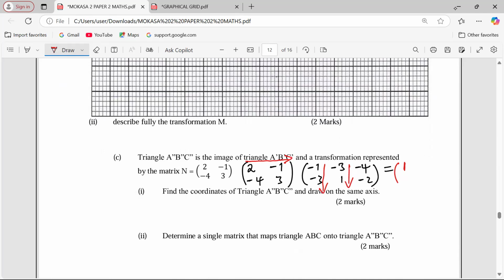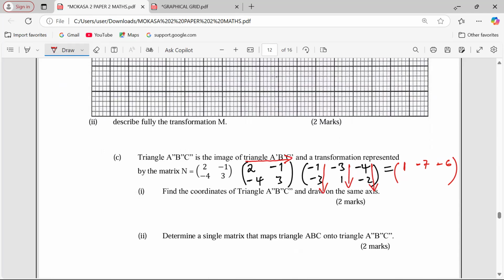So that gives us -7. Then we are also talking about the same row and the last column. So 2 into -4 minus 1 into -2. This gives us -6.